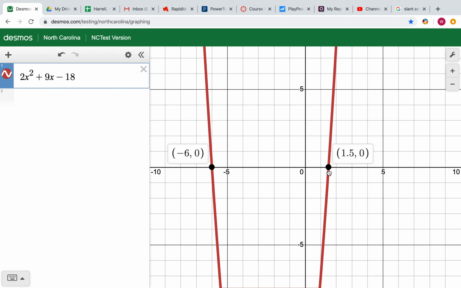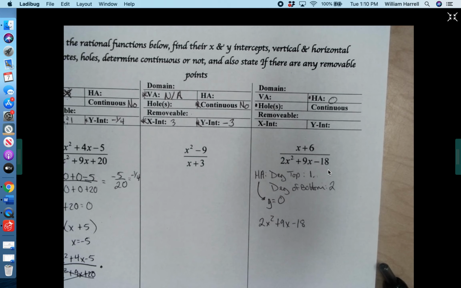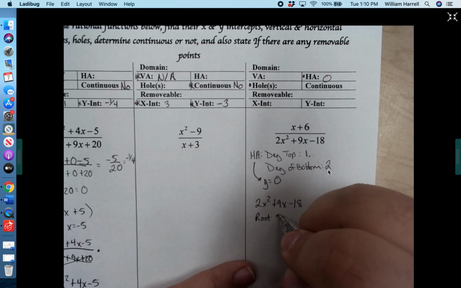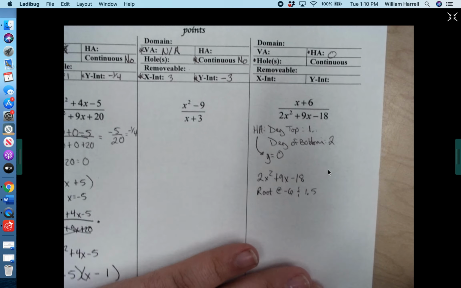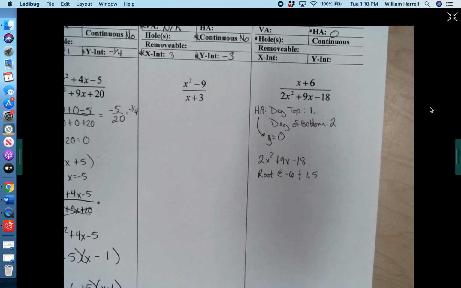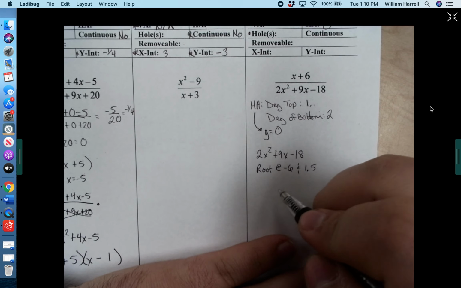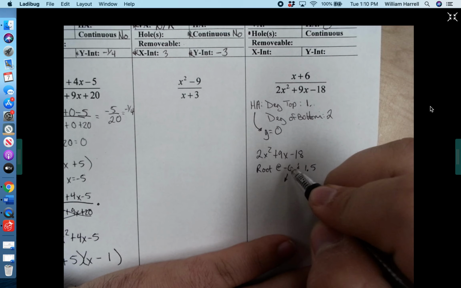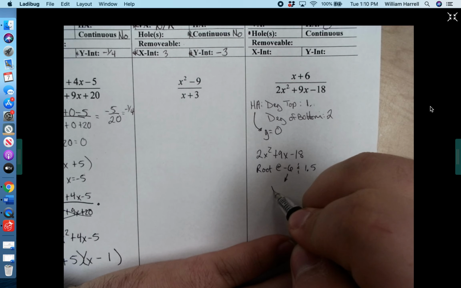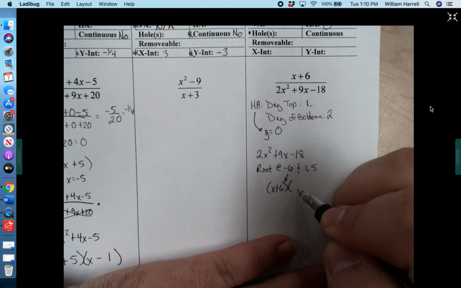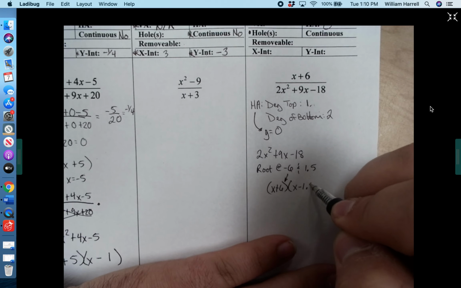I get negative 6 and 1.5. So root at negative 6 and 1.5. And remember, this is why we did all of the theorems and changing roots to factors, factors to roots, because now I can say if it has a root at negative 6, its factor is x plus 6, and this should be x minus 1.5.